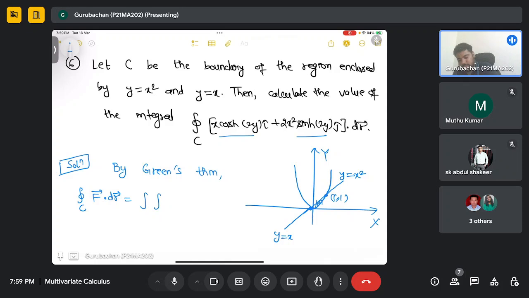Over this double integral, I am not saying what will be the value over some region R, or what are the limits of this.